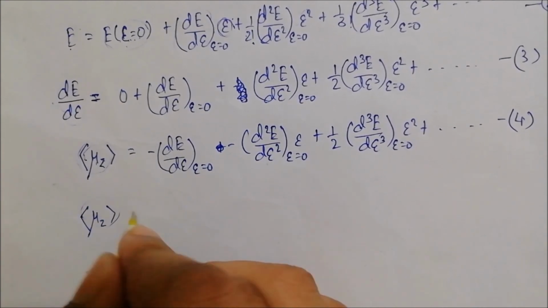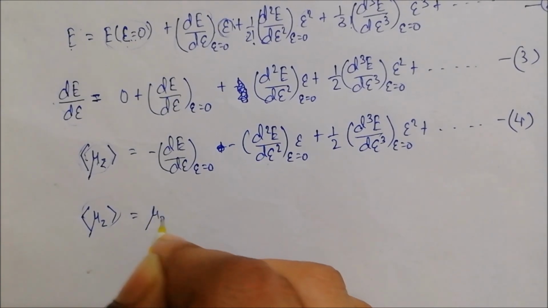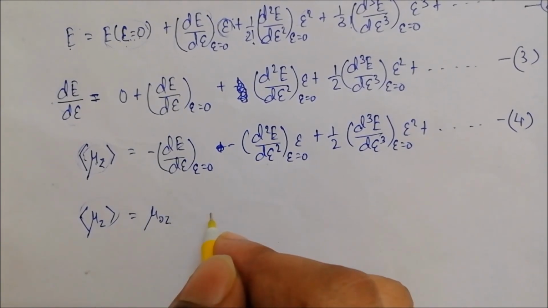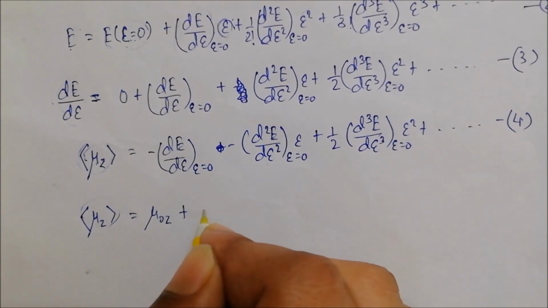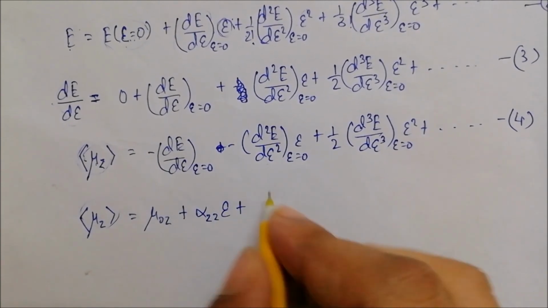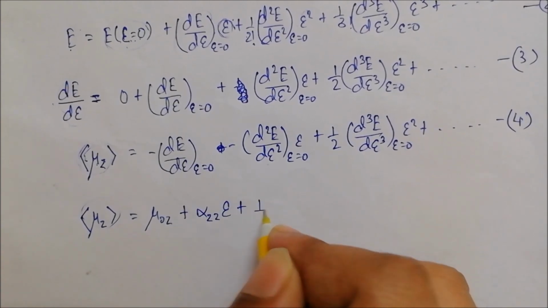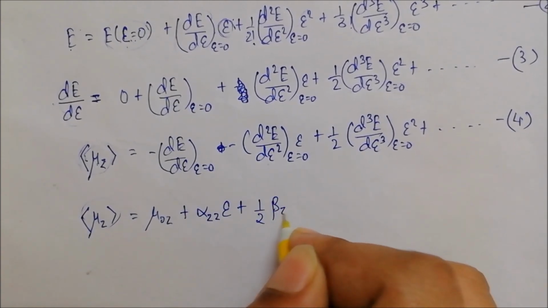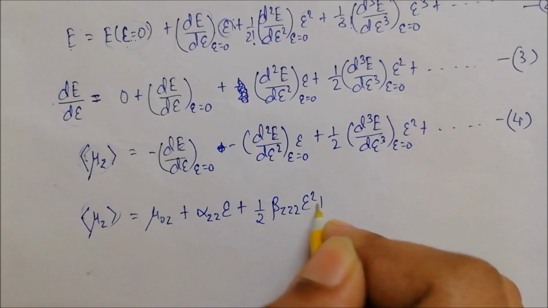So this can be written just as the permanent dipole of the molecule plus the induced dipole moment, the first induced dipole moment, plus the second order induced dipole moment, and so on.